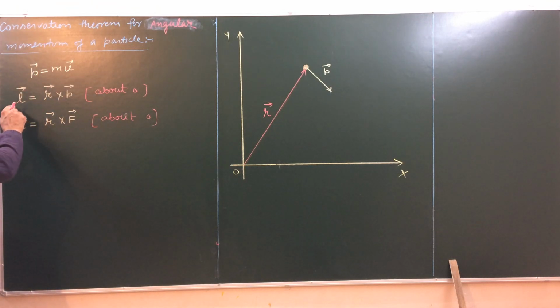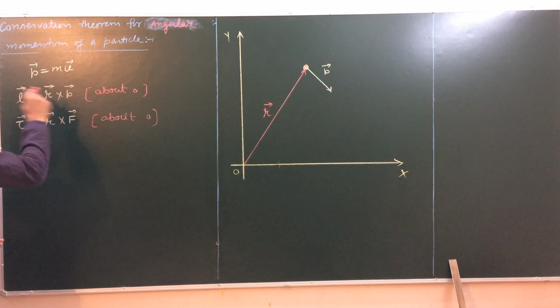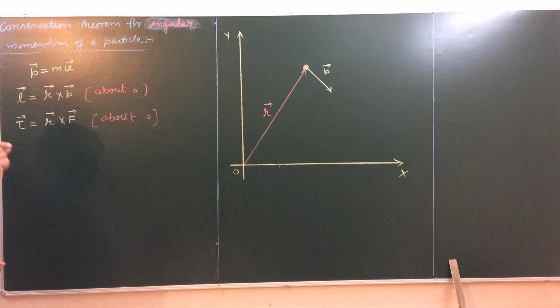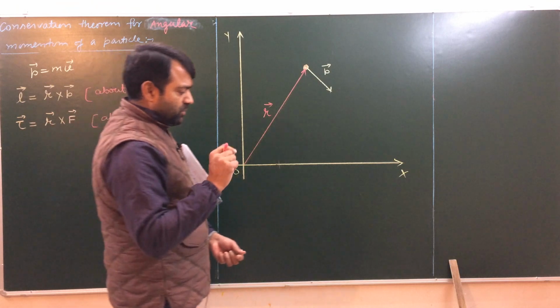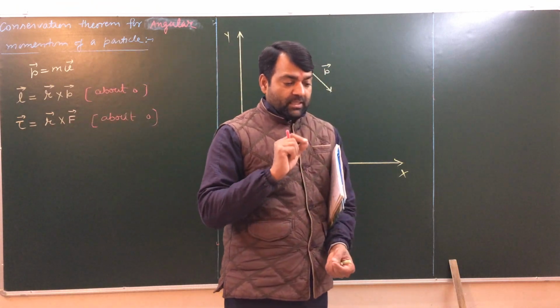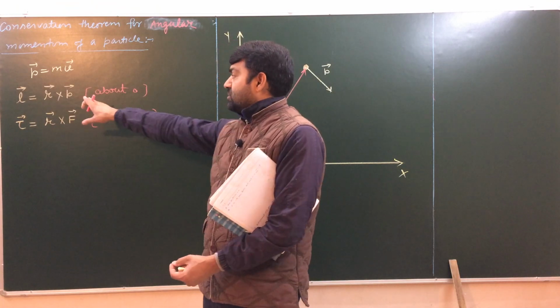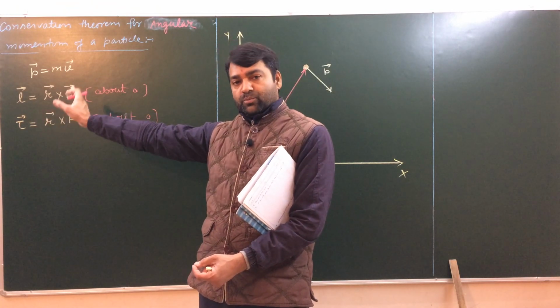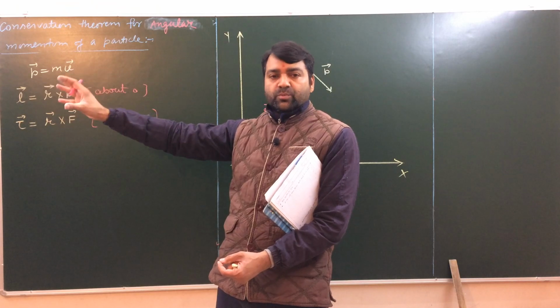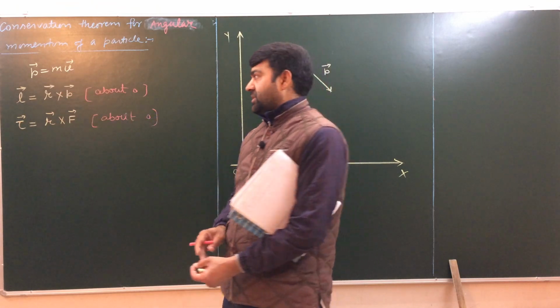Dear student, let's differentiate this expression with respect to time. One most important point is that the order of the cross product is important. We cannot say it's p cross r, it is r cross p, because the cross product of two vectors is always anti-commutative.